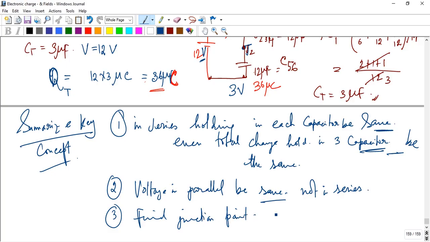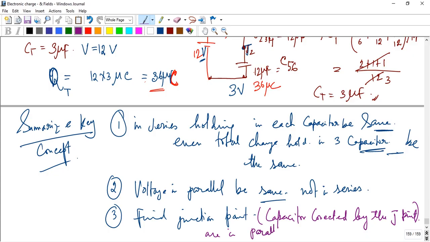If you find the junction point, then capacitors connected by the junction node are in parallel. That's very important.